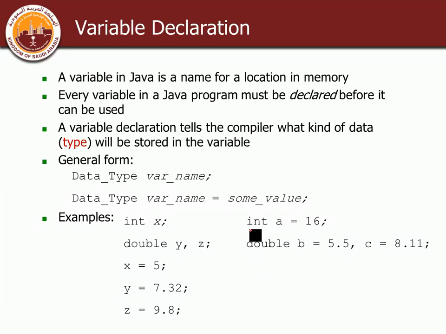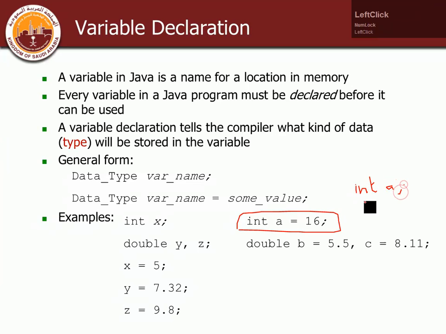These are other types of declarations. When I'm declaring, and at the same time I'm putting a value. So that means it's like having two instructions in one line. This is actually equal to int a and a equal 16. So these two instructions can be summarized and put in one line.